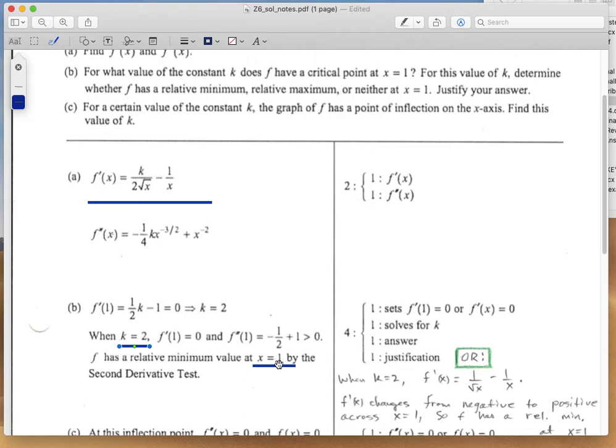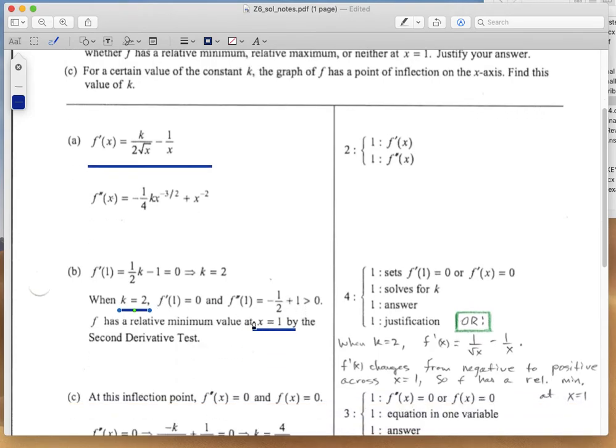At x equal 1, what is the second derivative? Is the second derivative positive or negative? And the answer is, well, the second derivative is greater than 0, so the second derivative is positive, which means f is concave up. So with a second derivative being positive at a critical number, there's no choice. That is a relative minimum for the function.